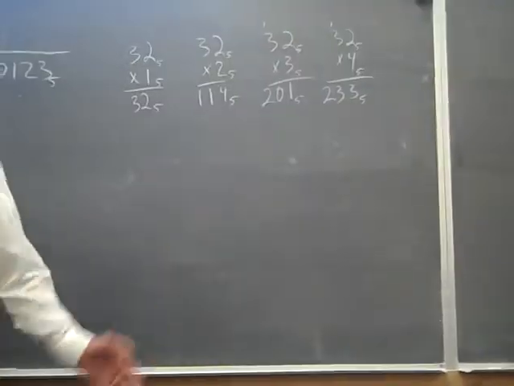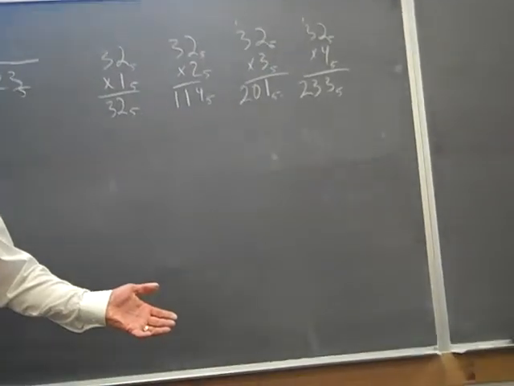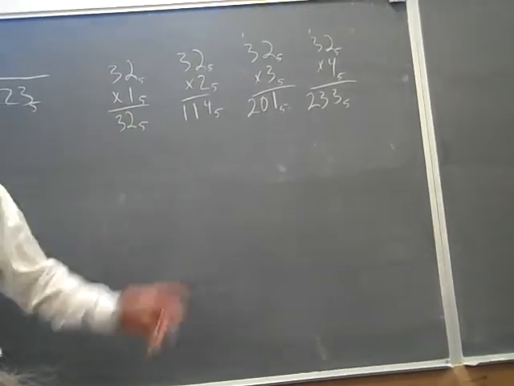Did I make any mistakes? How far do I have to keep going? Just to the 4, because there's no 5 in base 5. So that's all I need to do.